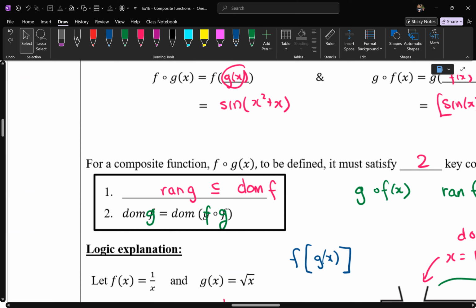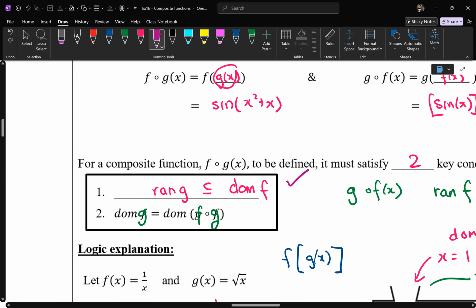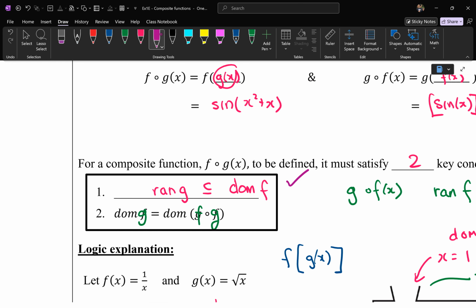I only talked about the first one. Condition number 2 only works if condition number 1 works. So condition number 2 says, whatever you put for g, which is the first box, ends up being the domain for the entire composite function. So hence why they say this will equal that. Okay? And that's why I wrote it the other way around, because I knew g is coming first, hence the domain of g, and this is the overall function.